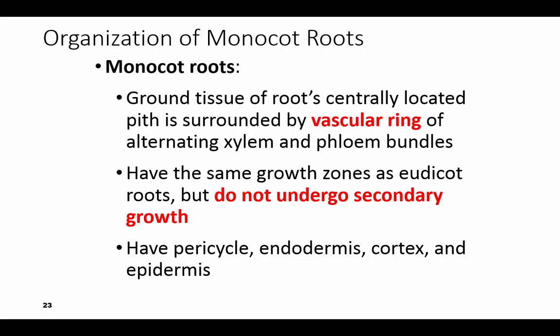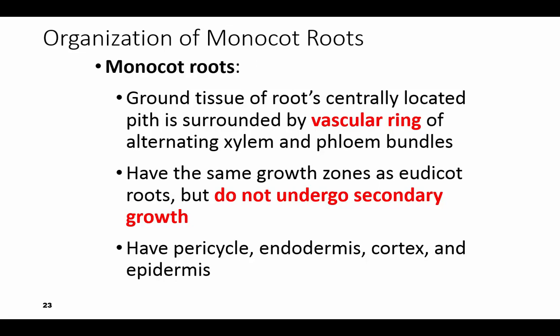Now, monocot roots, the ground tissue of the root is in the centrally located pith, and it has a vascular ring of alternating bundles of xylem and phloem.